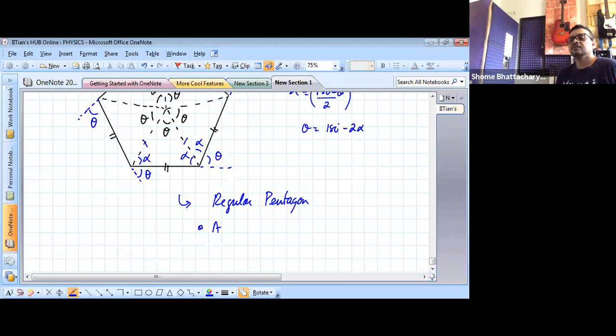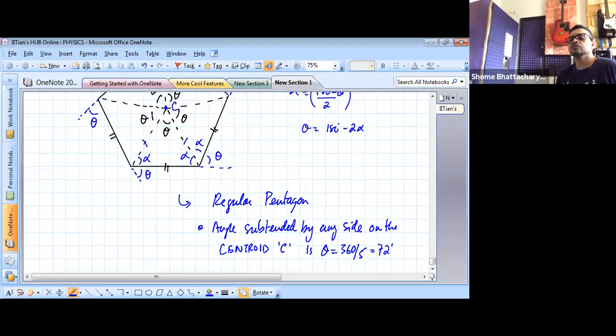Okay, so the regular pentagon has these two important features. One is the angle subtended by any side on the centroid. The centroid is this point, C, let's say. It is theta equal to 360 by 5 or 72 degrees. That's one point.